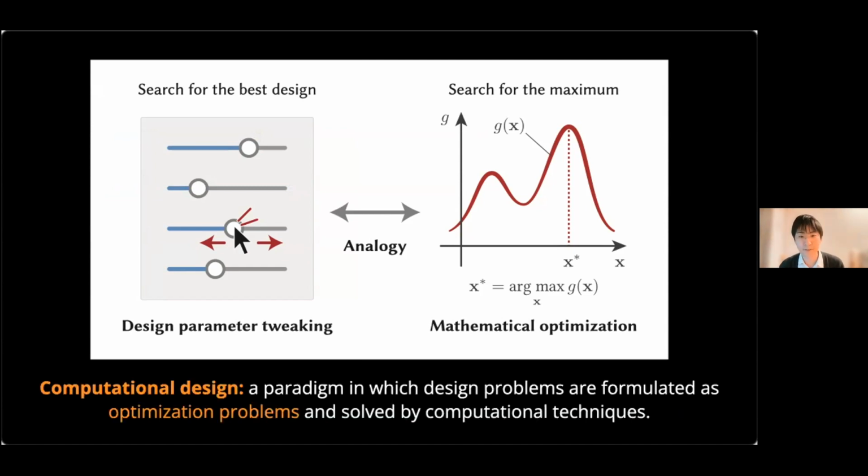So this viewpoint facilitates computational design research where design problems are formulated as mathematical optimization problems, and the problems are solved by computational techniques such as numerical optimization, machine learning, and so on.